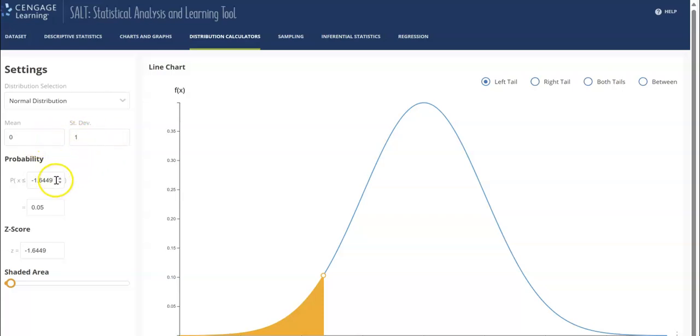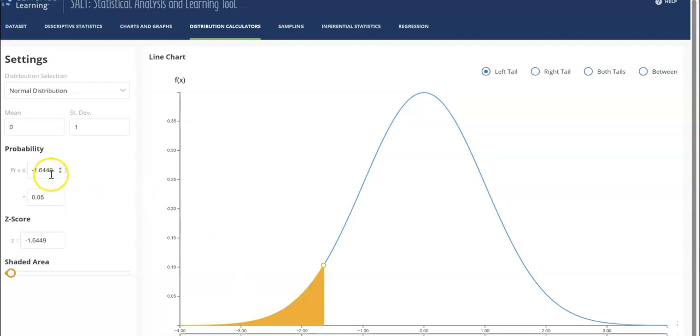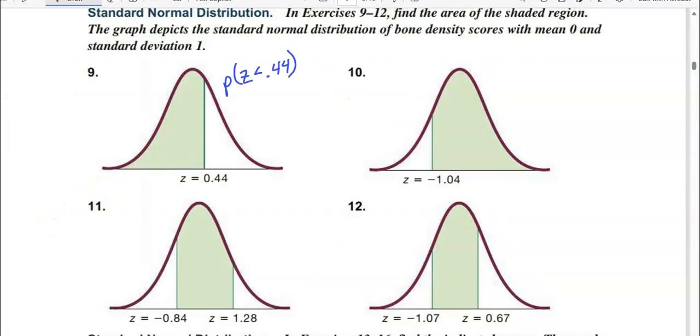So 0 and 1. I want to find the probability that I am less than. So I'm looking in that left tail. Notice what's shaded down here. So less than 0.44. When I type that in, I'm going to get my area value, 0.6700. And I'm going to round these to 4 decimal places. That's typically what's standard.